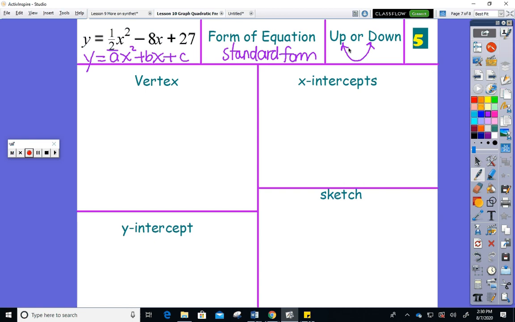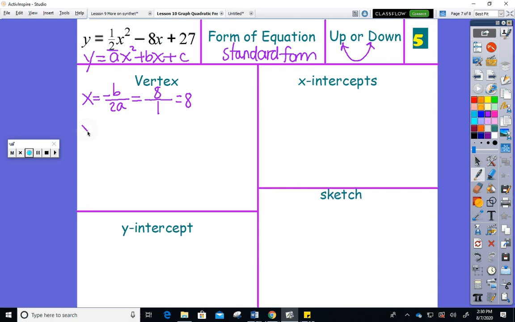Okay, so once again, standard form makes the vertex really not so easy to spot. So from standard form, you say x equals -b all over 2a. You've got to memorize that that's the vertex formula for the x when you're in standard form. So you'll have to know to apply that formula. Well, -b in this case is +8, and 2a is 2 times 1/2, which is just 1. Well, at least that worked out okay.